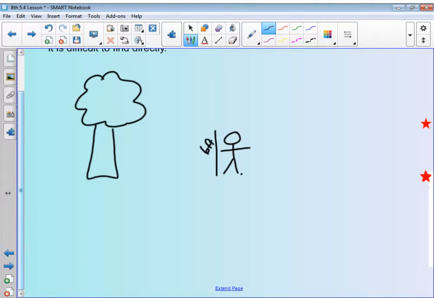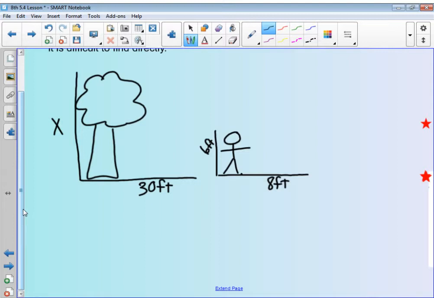And their shadow is, we'll say, 8 feet. Okay, I want you to find the height of this tree. So we have the height of the tree, and we'll say that the shadow is, let's say 30 feet. Okay, now you may get a decimal number on this, and that's okay. So go ahead and pause your video, and I want you to solve for X, the height of that tree.